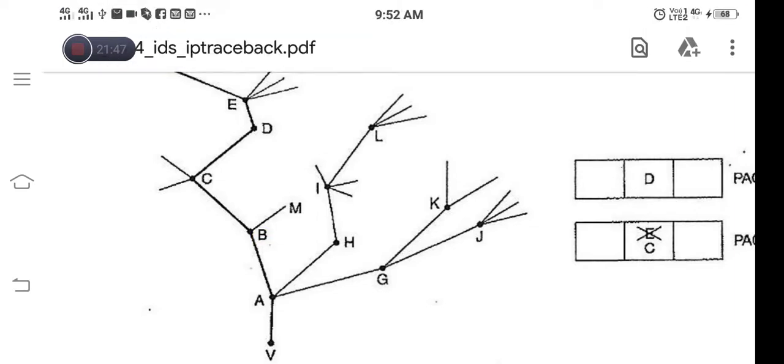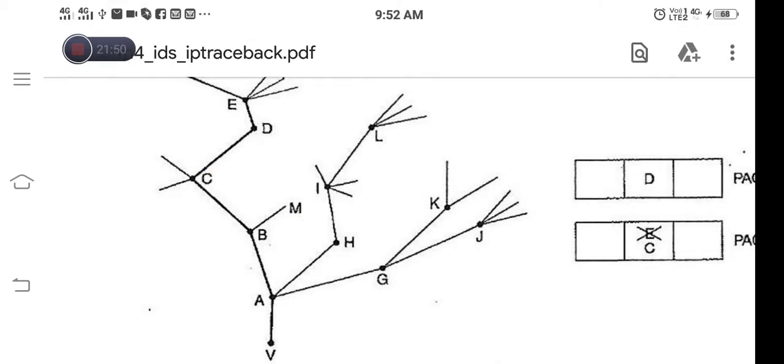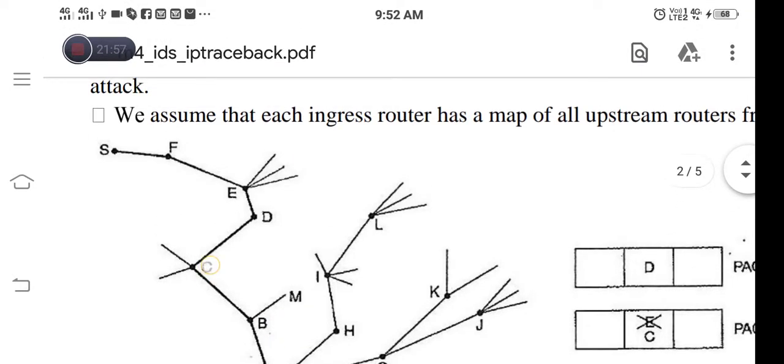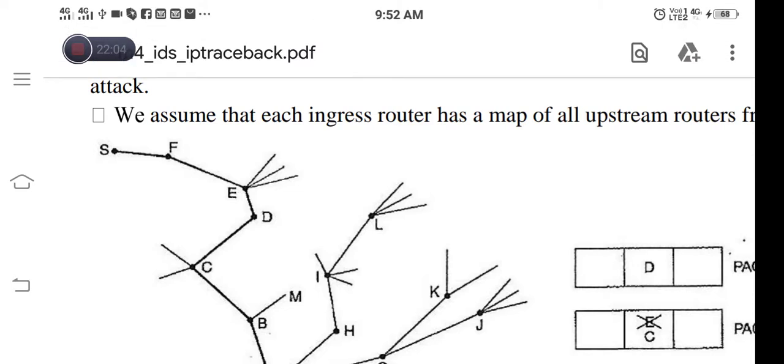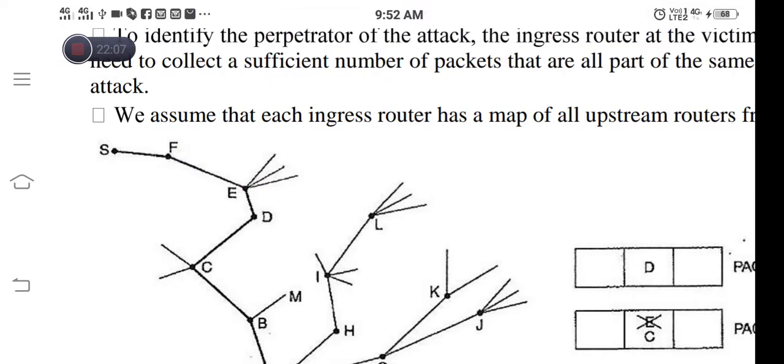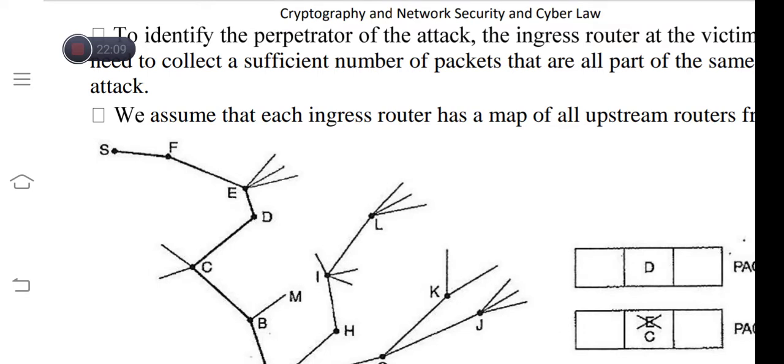The neighbor routers of B are C and M. Let us assume C replies back to B. Similarly, C also requests its neighbor router D. D will be asking E, E will be asking F, like that. The chain will continue with the interaction between the router and its neighbors. Like this, the victim is able to find the route of the path of the packet.